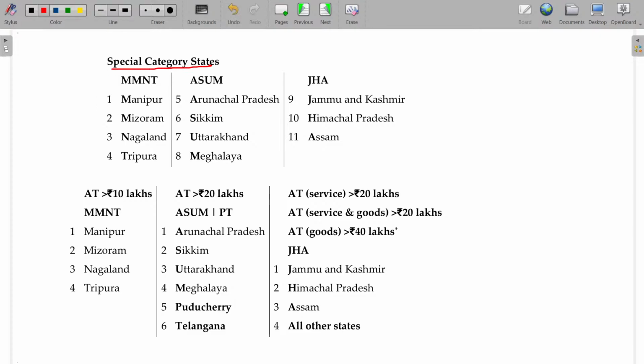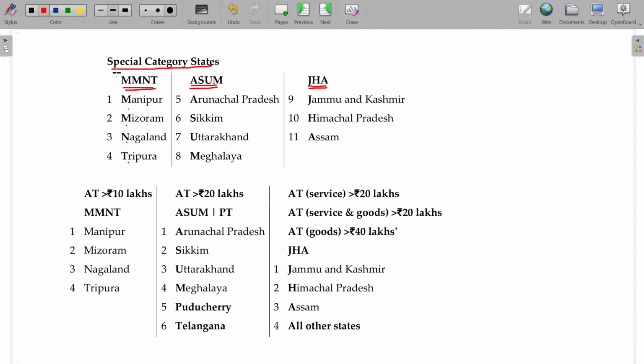To make you understand easily, I have formed an acronym here: MMNT, ASM, JA. These are the special category states. Almost 11 states are named as special category states. MMNT: Manipur, Mizoram, Nagaland and Tripura. ASM: Arunachal Pradesh, Sikkim, Uttarakhand and Meghalaya.